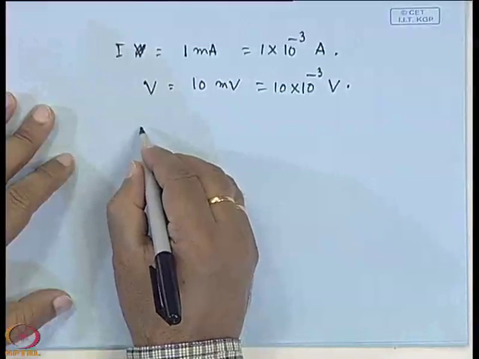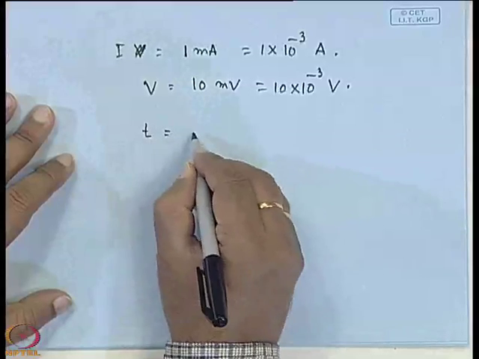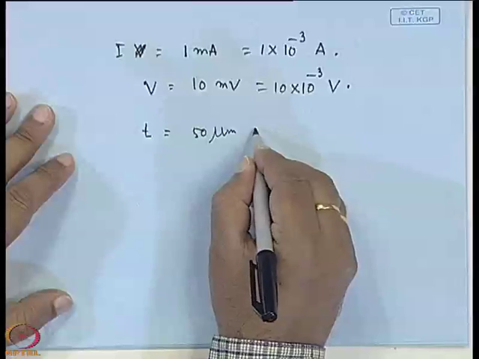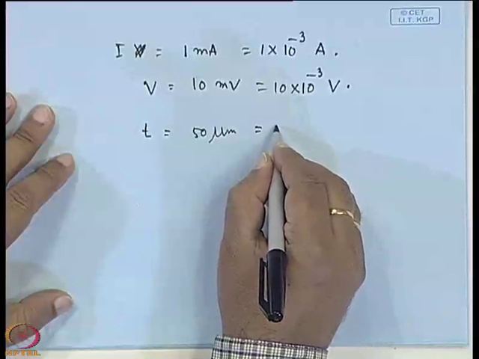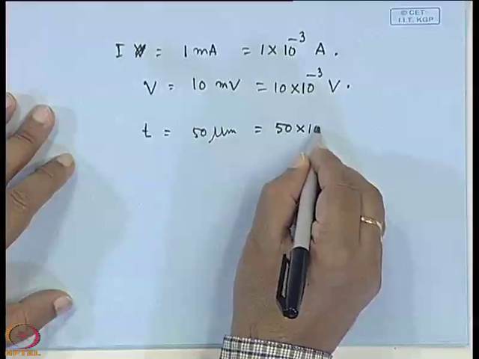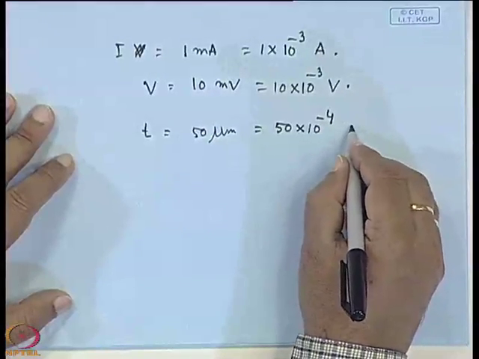Then what is the thickness? Thickness T is given, it is 50 micron, that means 50 into 10 to the power minus 4 cm.